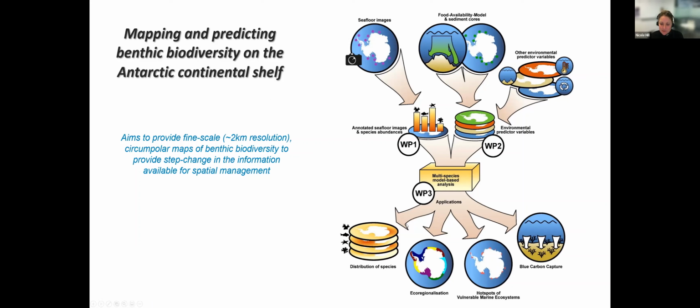And then we're intending to produce a range of mapped outputs that relate to biodiversity. So distribution of species and eco-regionalisation, like I just talked about, and delve into some other key and topical issues for CCAMLR in the Southern Ocean at the moment, such as vulnerable marine ecosystems and blue carbon. So what I'll do now is I'll just touch on where we're at with a couple of these sections to give you a flavour for what the project is about.